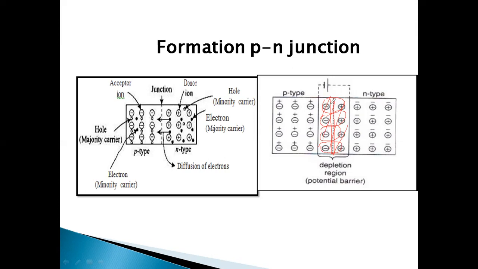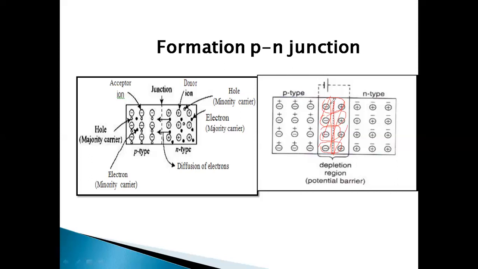Those charges are unable to cross the particular barrier. Why? Because it acts as a barrier. Barrier means an obstacle to the flow of charges from one side to another.